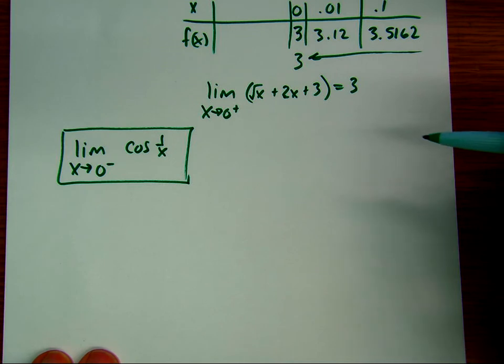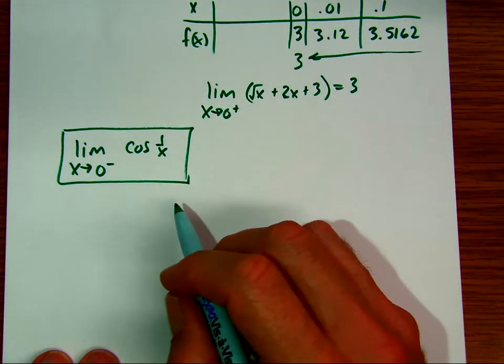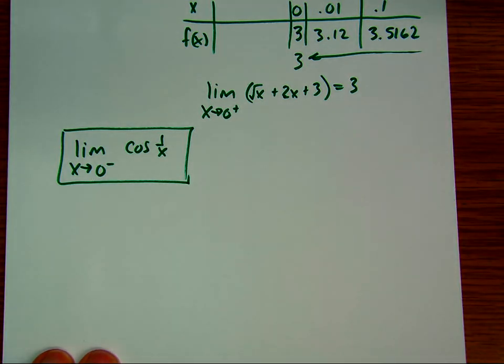So let's go to 0 from the left. Pause the video and try this one. Make sure your calculator is in radian mode.